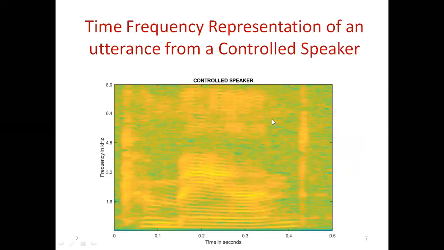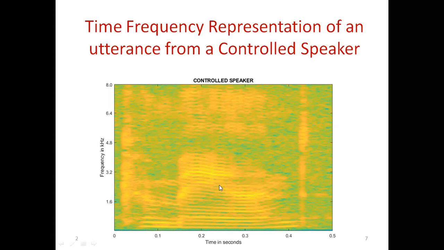And here is an example of a time frequency representation of an utterance from a control speaker. I already showed you this slide, but it is clearer in this one because I put only one diagram in the slide. You can see this is the fundamental frequency, and these are the first harmonic, second harmonic, third harmonic, fourth harmonic, fifth harmonic, etc. And here you can see some dark bands, yellow color bands.